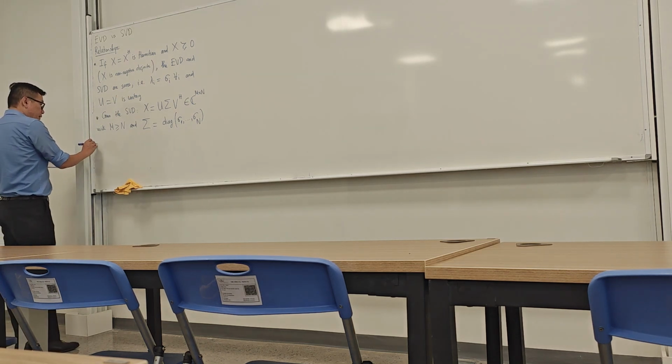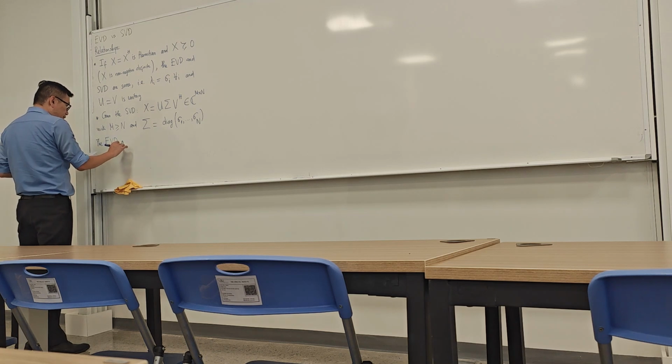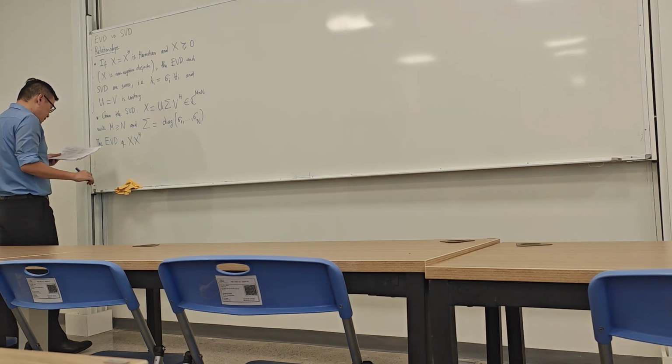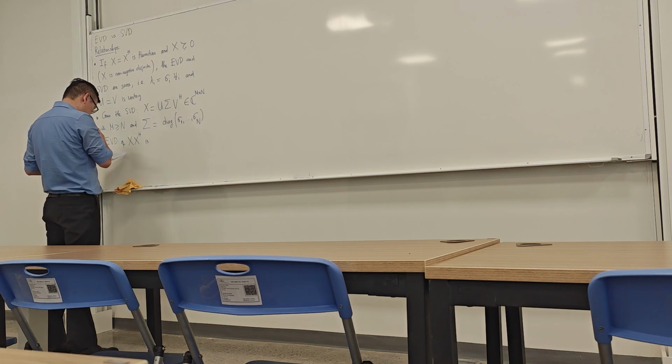Then the eigenvalue decomposition of the matrix x times x^H is given by the following.